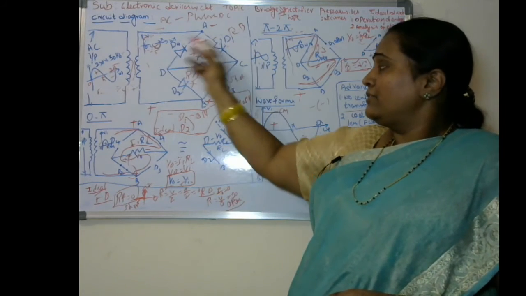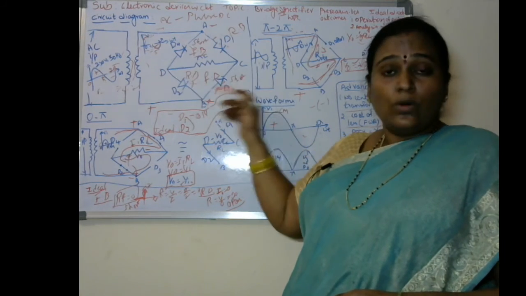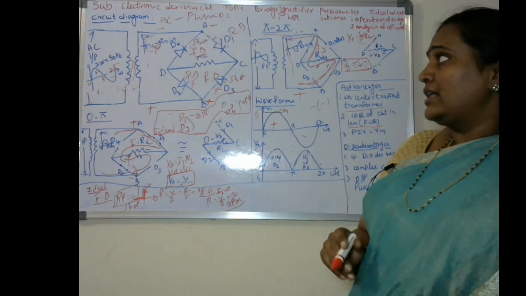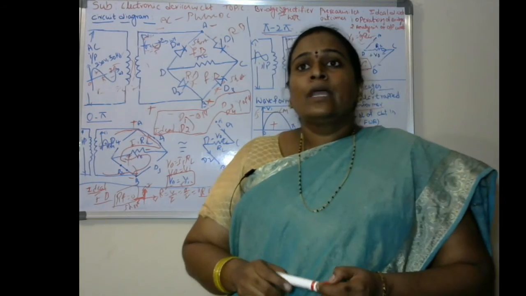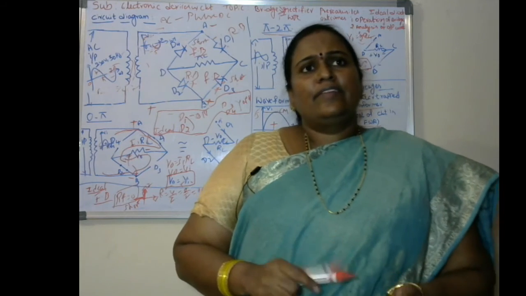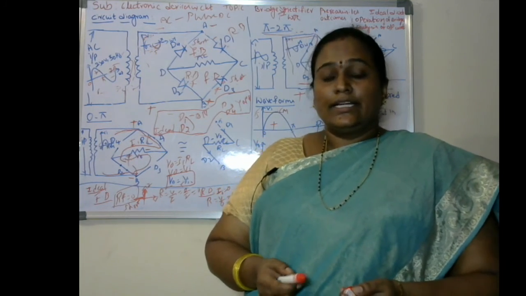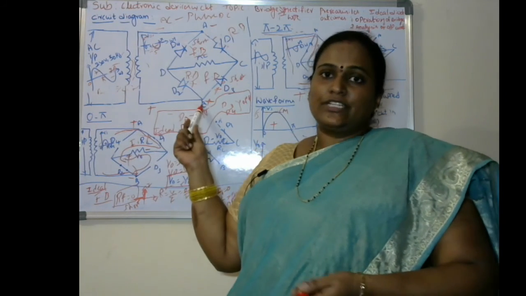And here 4 diodes are used, and the complexity of the circuit is more. These are the things with respect to the bridge rectifier. And when it comes to the applications of the bridge rectifier, wherever full wave rectification is required for any electronic devices for rectification purposes, we are going to use the bridge rectifier only.